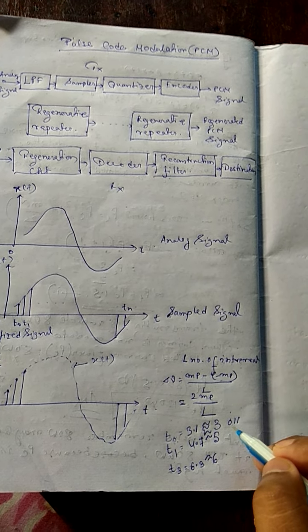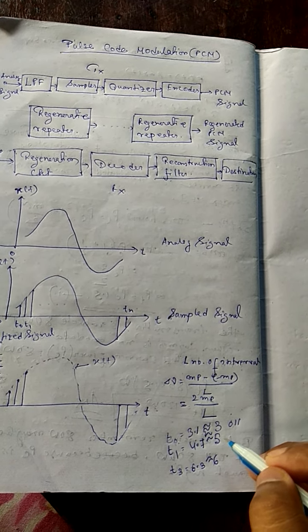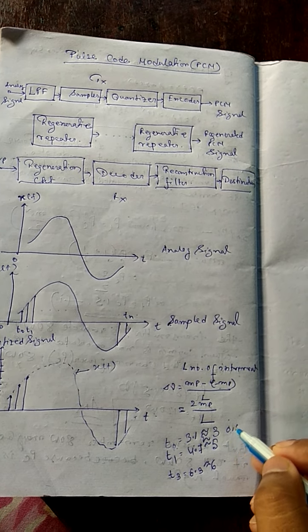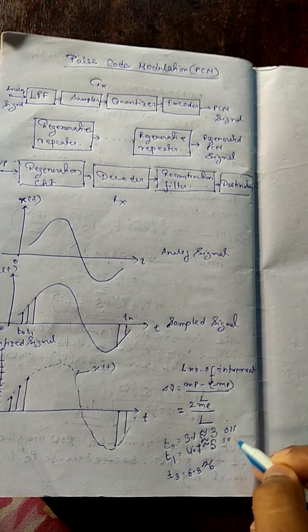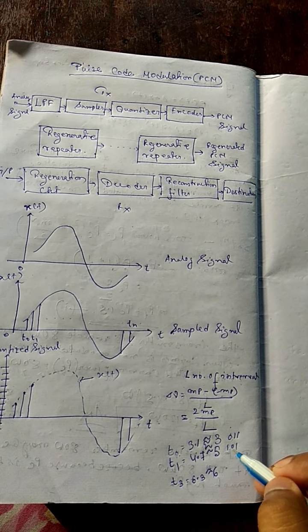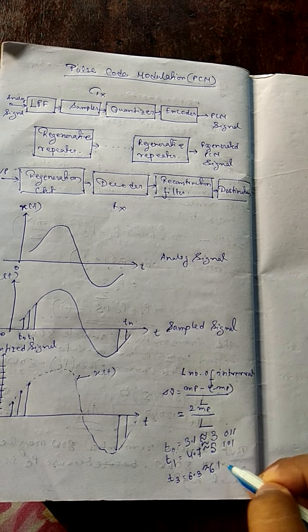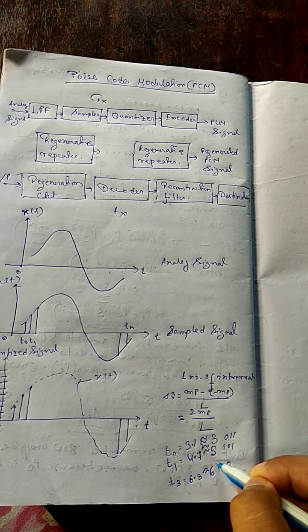That is the encoded version of 3. Next, the encoded version of 5 is 1 0 1. Similarly, the encoded version of 6 is 1 1 0.